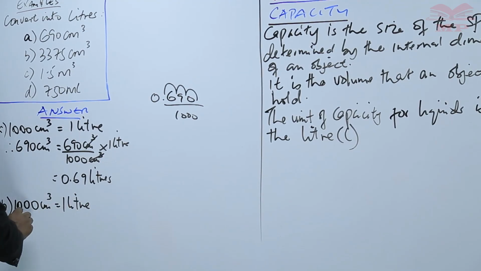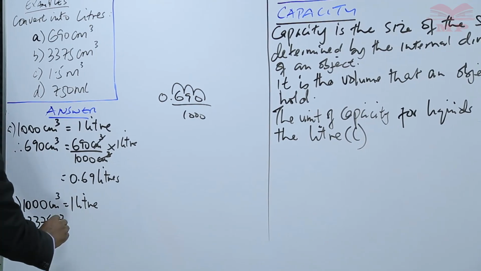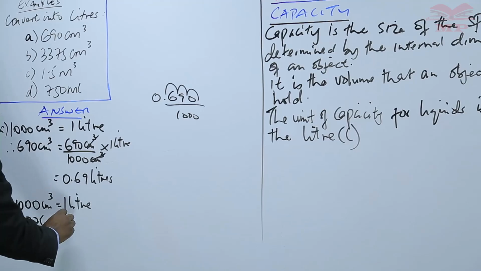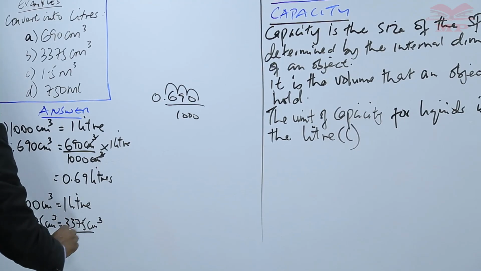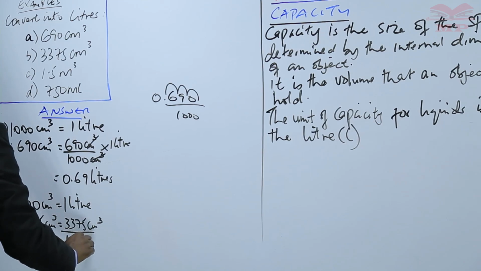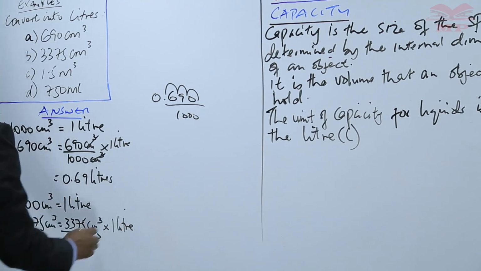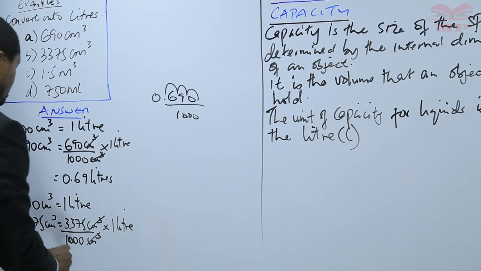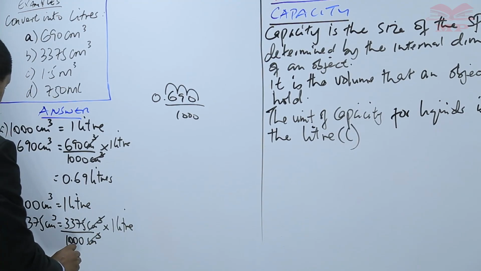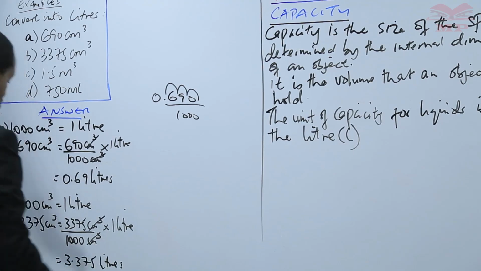Therefore, 3,375 cubic centimeters will be equal to 3,375 cubic centimeters divided by 1,000 cubic centimeters times 1 liter. These cubic centimeters will cancel out. So we'll have the answer: 3.375 liters.